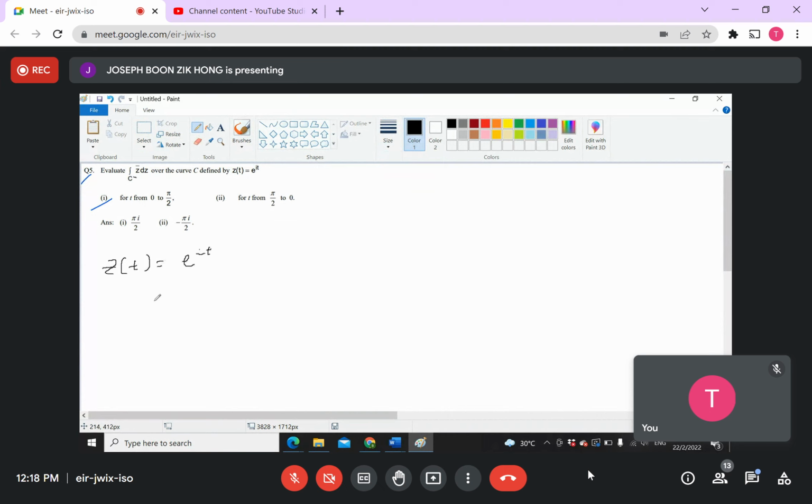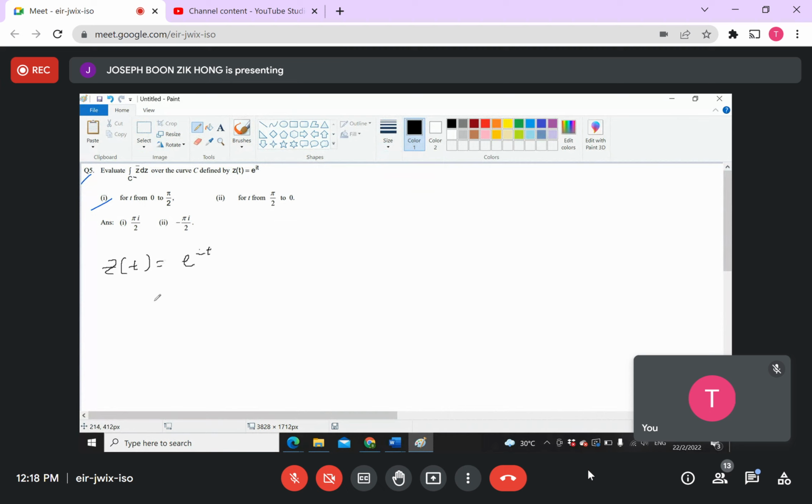Exponential. Okay. So z equal to r cos theta plus i sine theta, so it will become e^(i theta). Okay, e^(i theta) is okay.